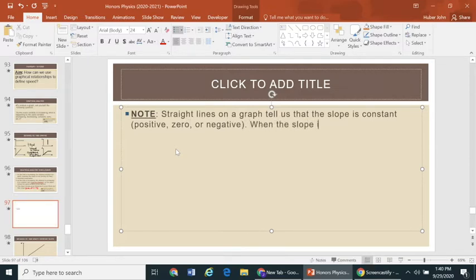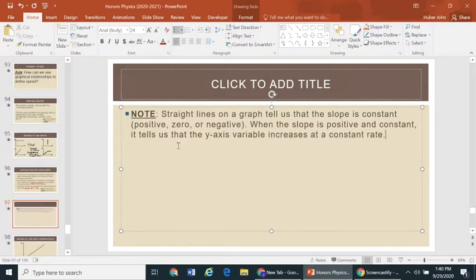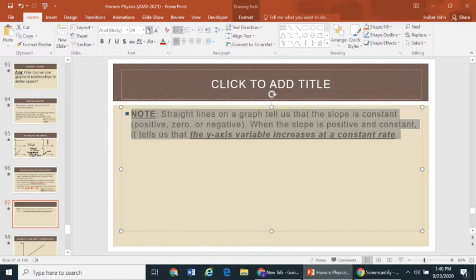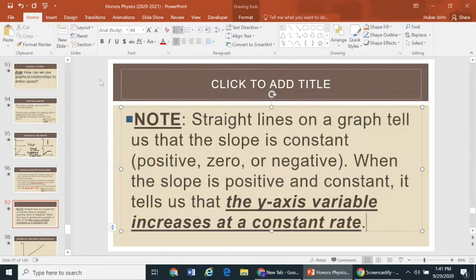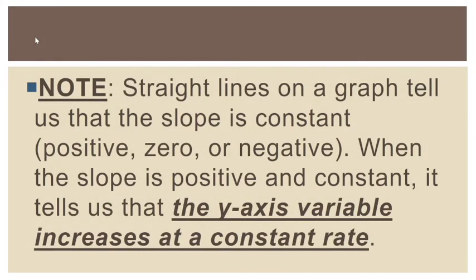When the slope is positive and constant, it tells us that the y-axis variable increases at a constant rate. That's going to be very important for the whole year. Take a second to pause this video, write that down, and when you hit play, we're going to dig into graph number 3 in a little more detail.